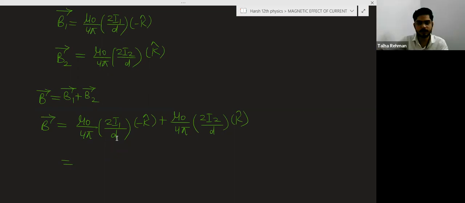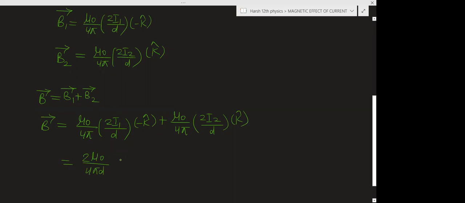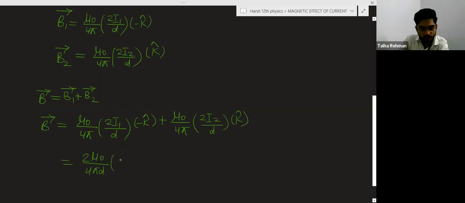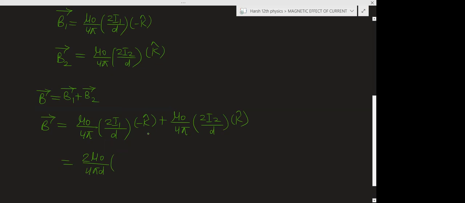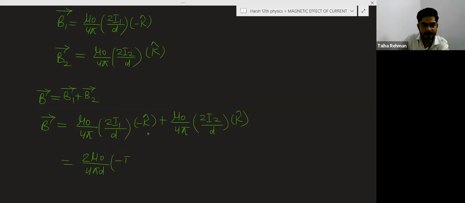Okay, so when you take common, you will get common 2 into mu naught divided by 4 pi d, and remaining here you will have minus I1 into k cap, and here you will have plus I2 into k cap.